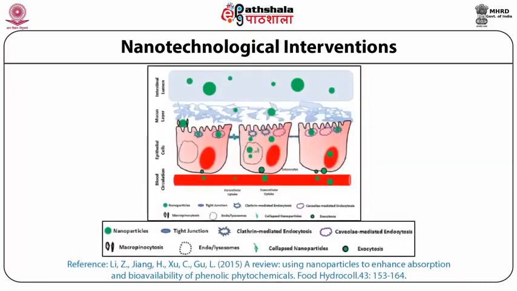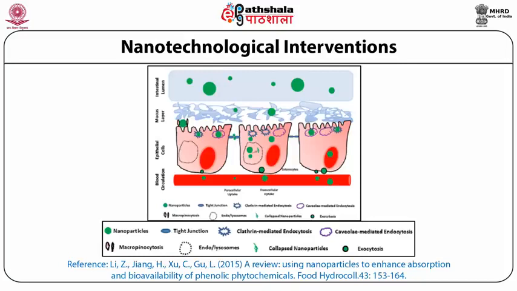We understood this diagram in the previous module, yet now that we are more clear about the role of nanoformulations, let's go through it once again. We have been talking about clathrin and caveol mediated endocytosis, and the green dots that you see are the encapsulated bioactives, encapsulated either by lipid carriers, polysaccharide carriers, or even protein carriers.